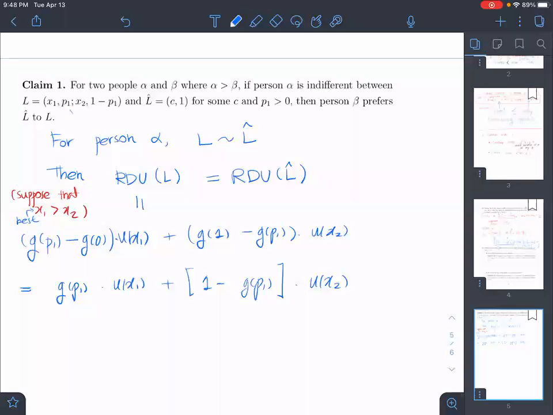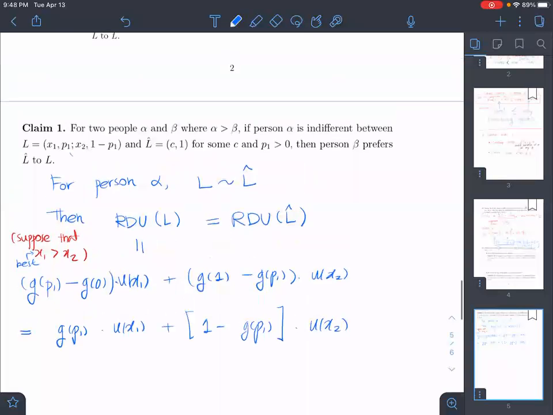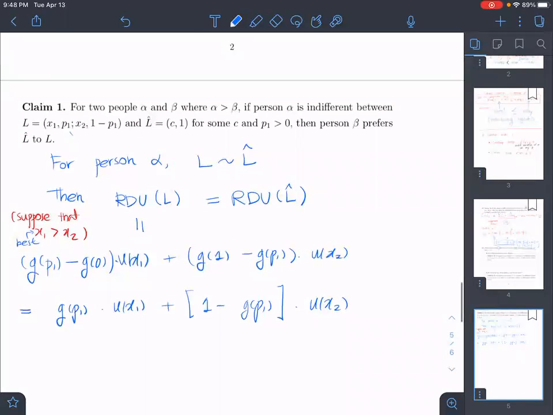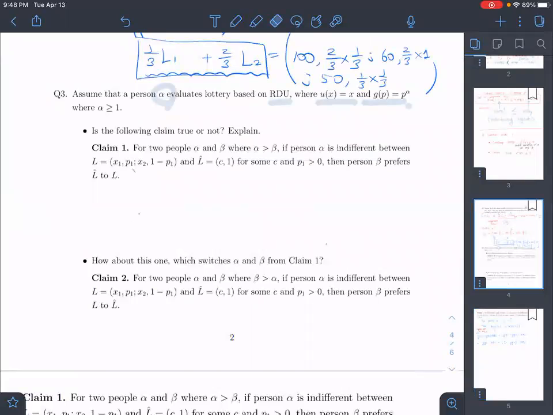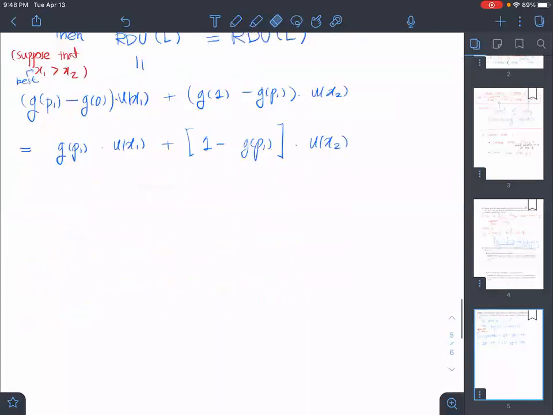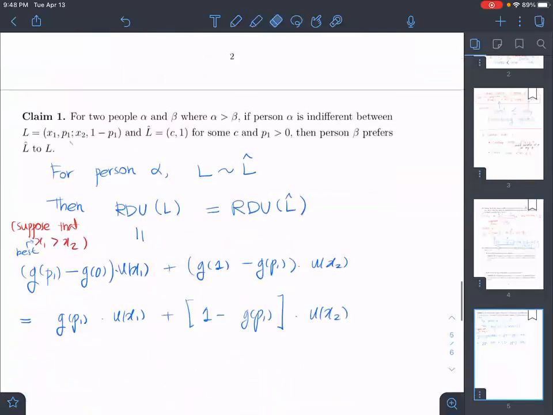Okay. And what's G(P1)? Let me just write it here. So G(P) is P to the alpha, if the person is alpha.